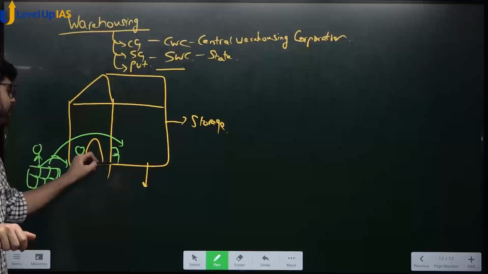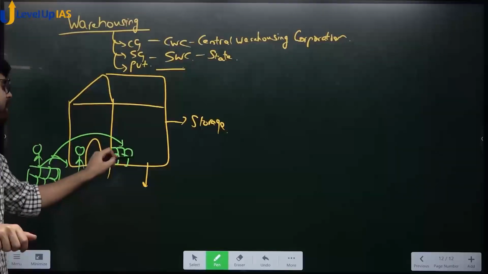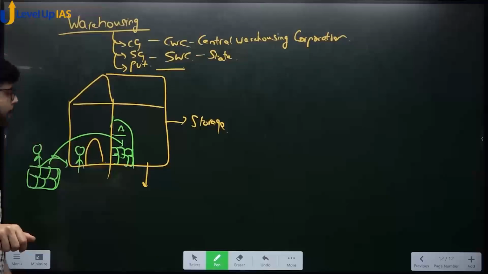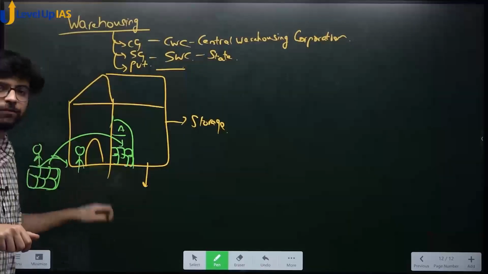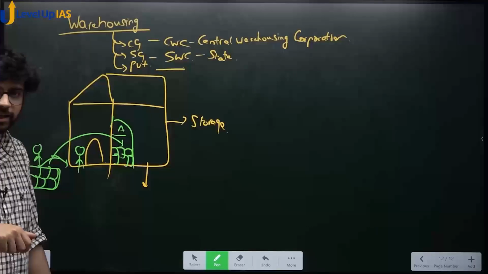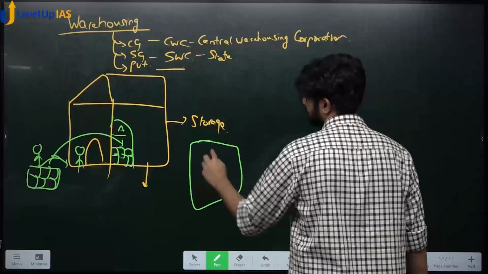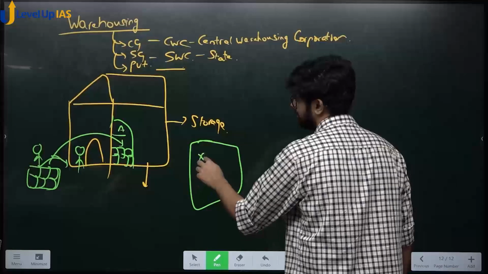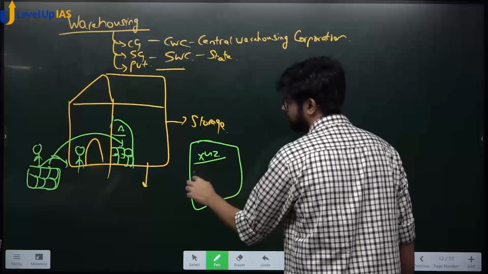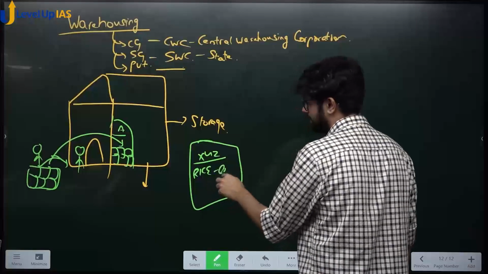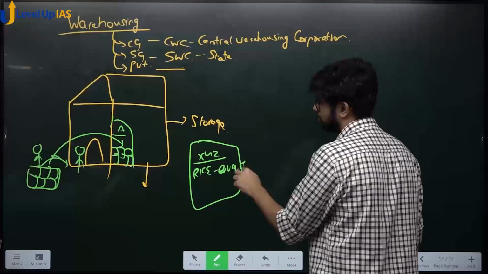So let's say he stored it here, in section A. Do you think he will get any receipt for that, that he has stored? He will get a receipt. क्या रहेगा receipt में? What will be there? Name of the farmer, type of goods, rice, which quality, yes or no?